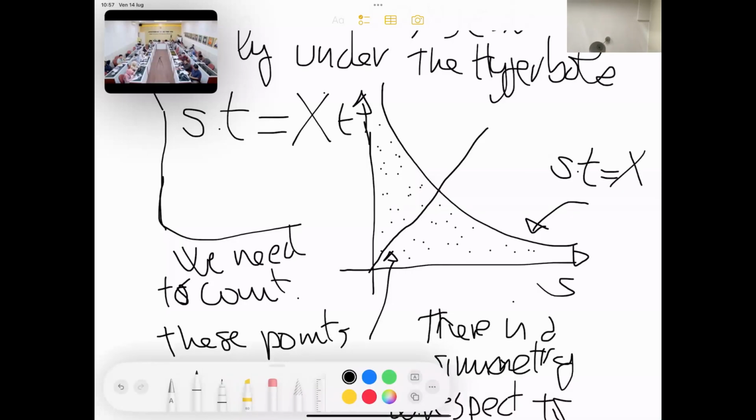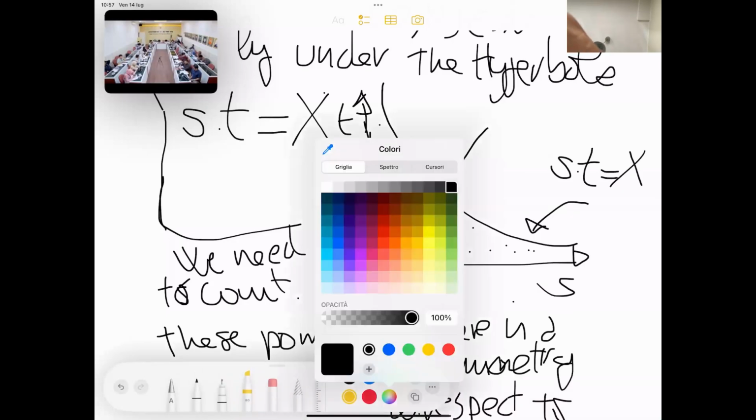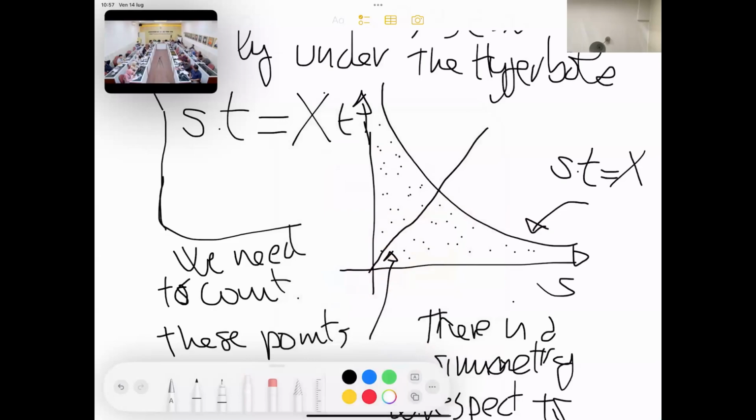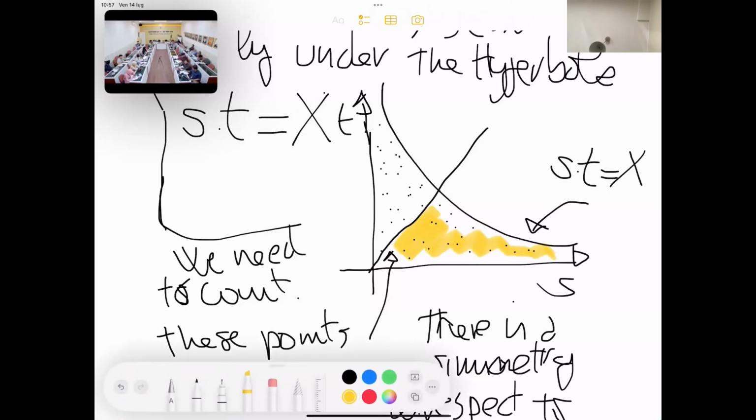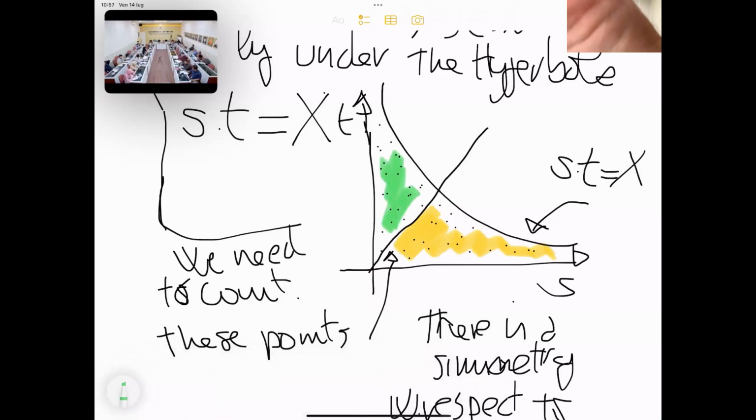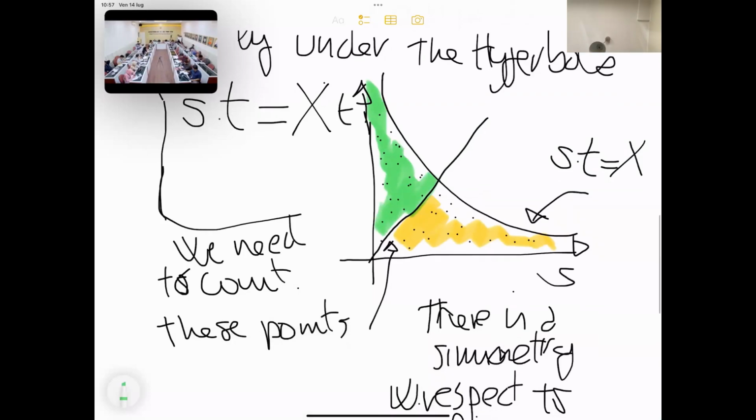So the number of points here equals the number of points here. This is pretty evident, right?